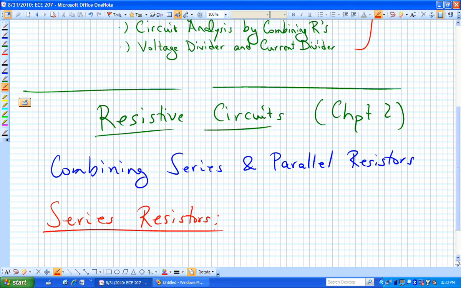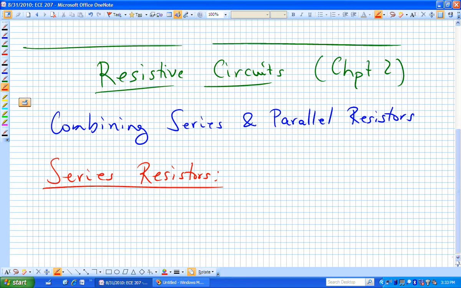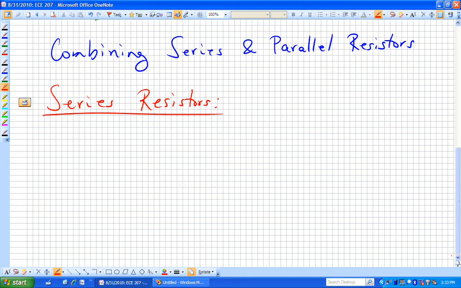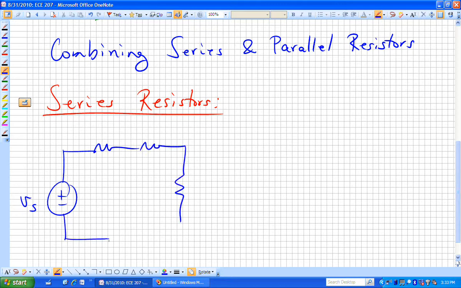For series resistors, what we're really wanting to do is replace one circuit diagram with another. Suppose we have the following circuit: a voltage source in series with 4 resistors.